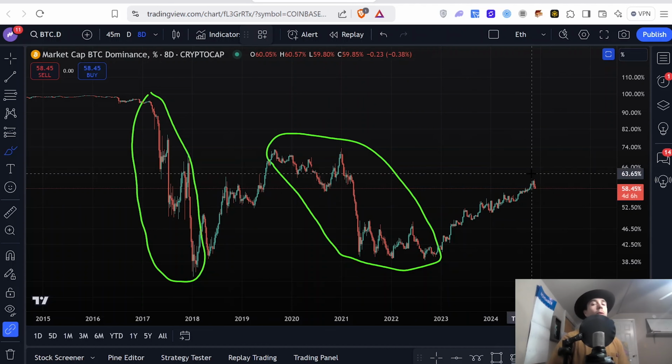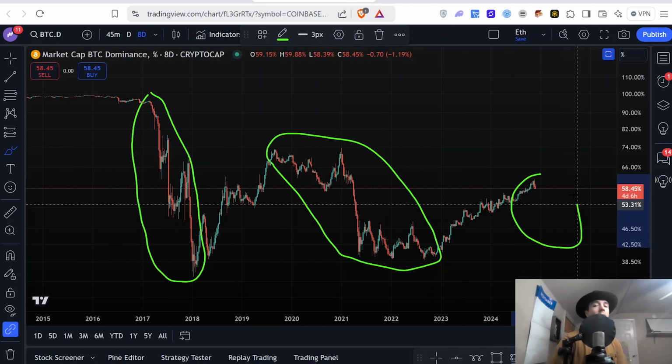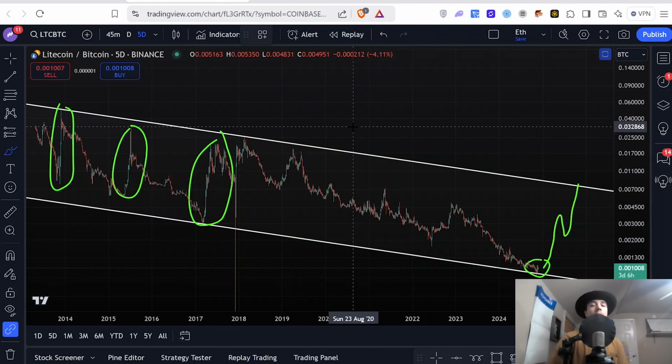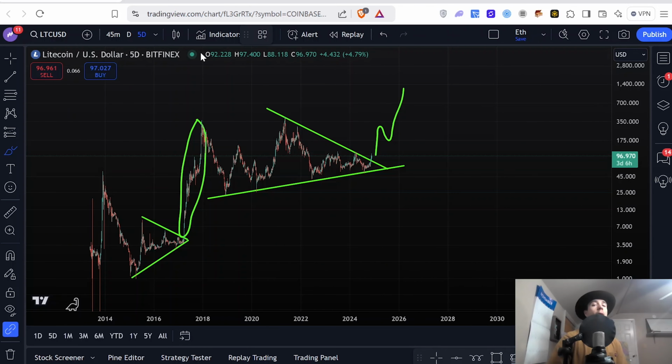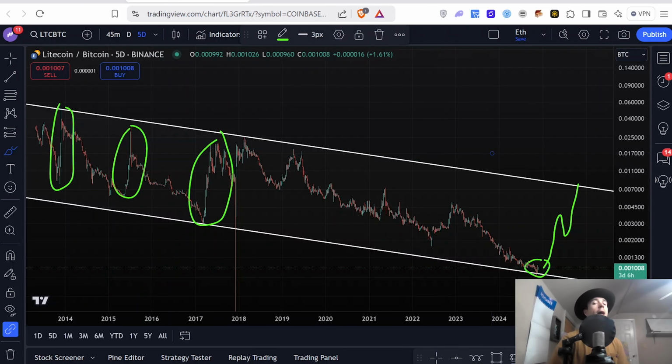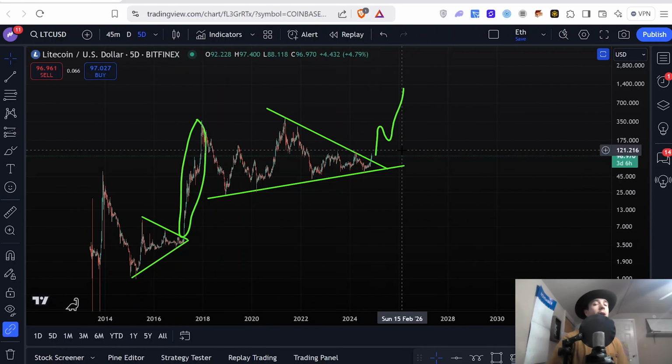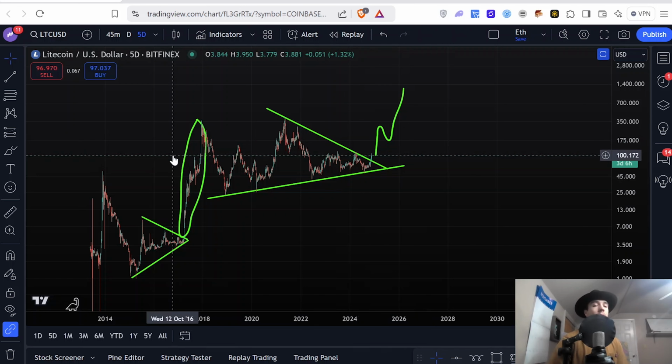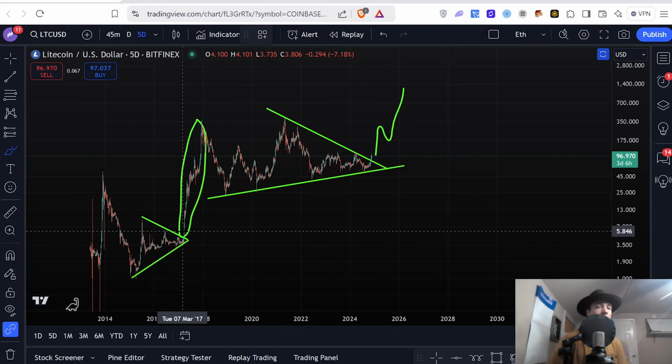And at any point in time, this can happen again for the crypto markets, in which case, then you're going to see a spike on the Litecoin Bitcoin pair, and the price of Litecoin versus the dollar is going to really skyrocket. Because if Litecoin is moving faster than Bitcoin up, then you can imagine how fast it's going to move versus the dollar. So that's how we get these big 2017-like pumps.